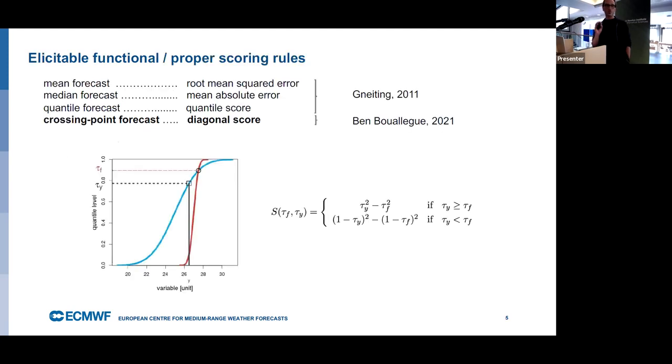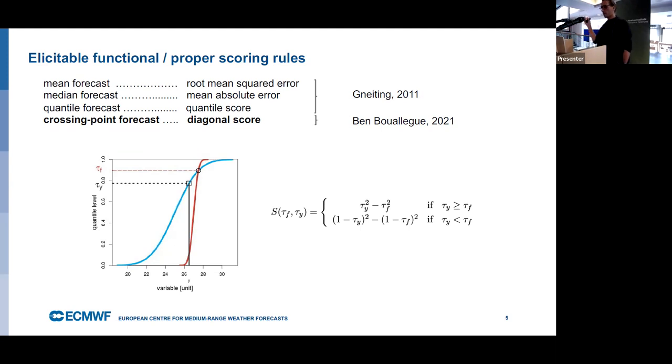I think that the CPF nicely fits our way of thinking about verification of probabilistic forecasts. When we think about verifying probabilistic forecasts, we like to think in terms of scoring rules, proper scoring rules, which are terms that we have already heard this morning, and also in terms of elicitable functionals.